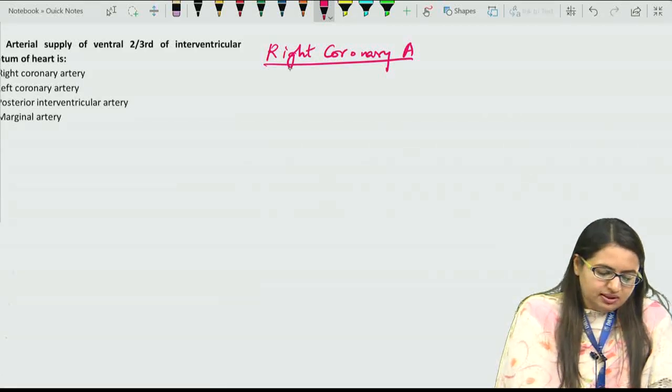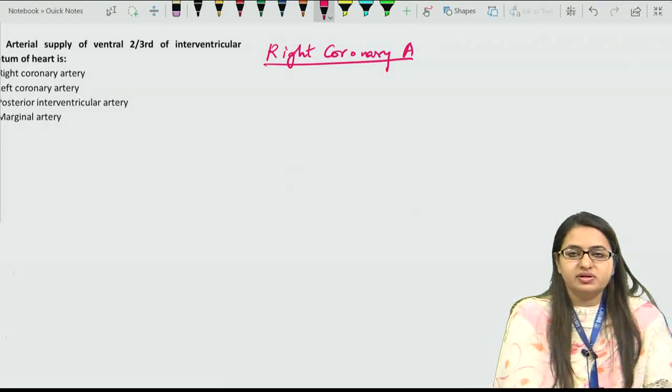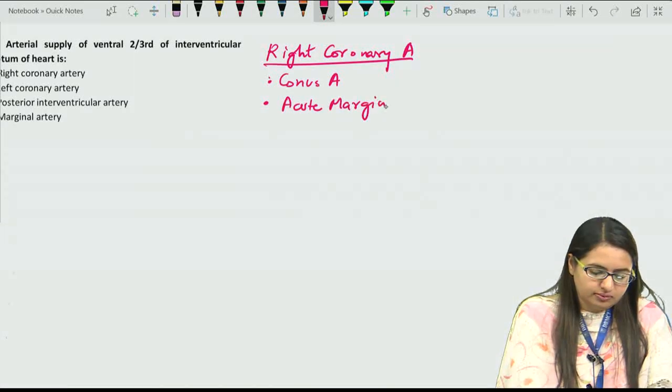or we say the right aortic sinus. The main arteries given by this are, first, the conus artery. Along with that, it gives a right marginal or the acute marginal artery. It gives off the sinoatrial nodal artery.